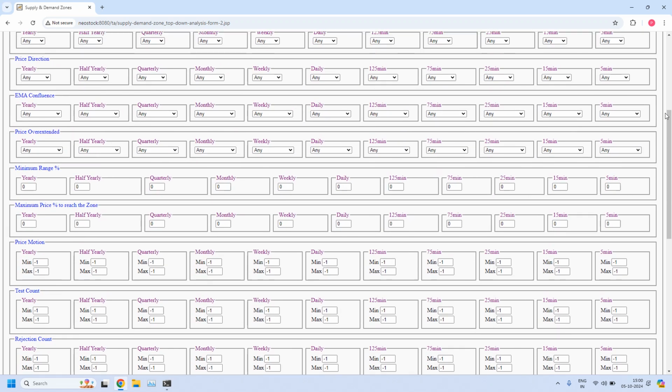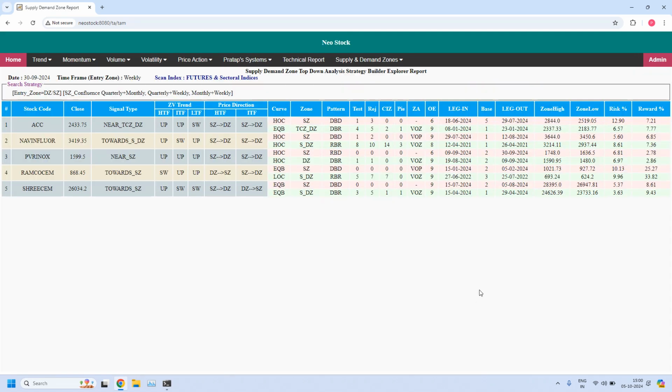All three filters are enabled. Let me check for any stocks. Yes, 5 stocks are there. Good. So these are all based on LTF, ITF, HTF zone confluence filters.